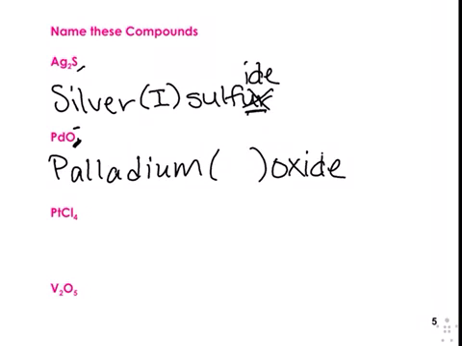Negative 2. And so in order for palladium oxide to be a balanced compound, what charge does palladium have to have? A positive 2. So this charge, this 2, gets entered into the parentheses as a Roman numeral.